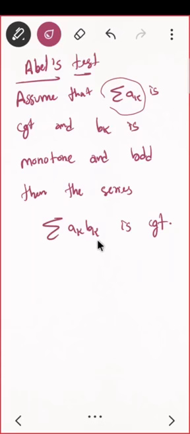And one more observation: this bk is a sequence, agreed? He is saying that bk is monotone and bounded. Do you know something about a sequence that is monotone and bounded?